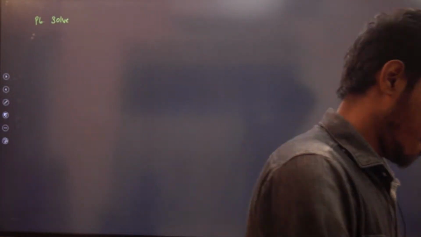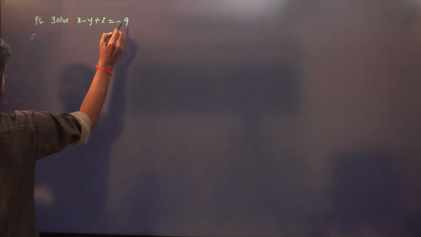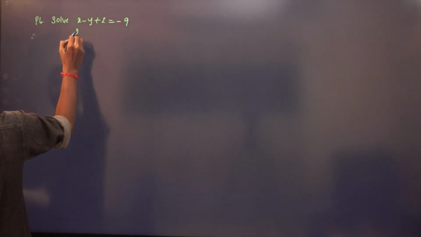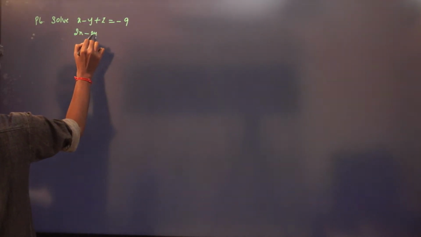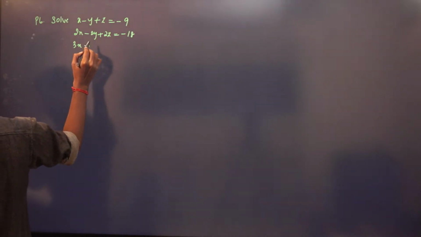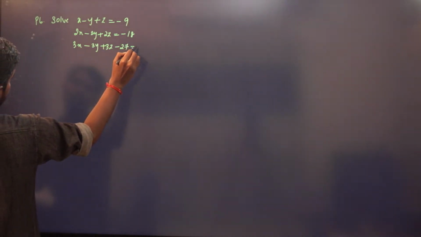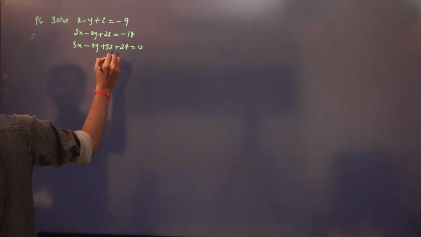Solve x minus y plus z is minus 9, 2x minus 2y plus 2z is minus 18, 3x minus 3y plus 3z minus 27 is 0 plus 27.